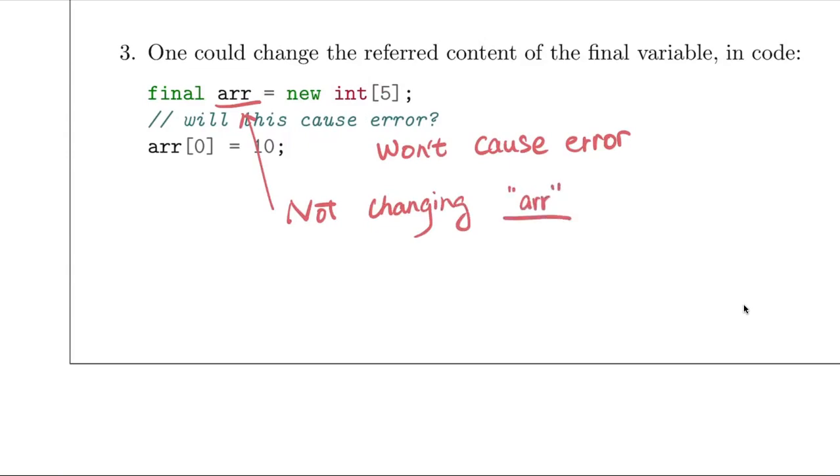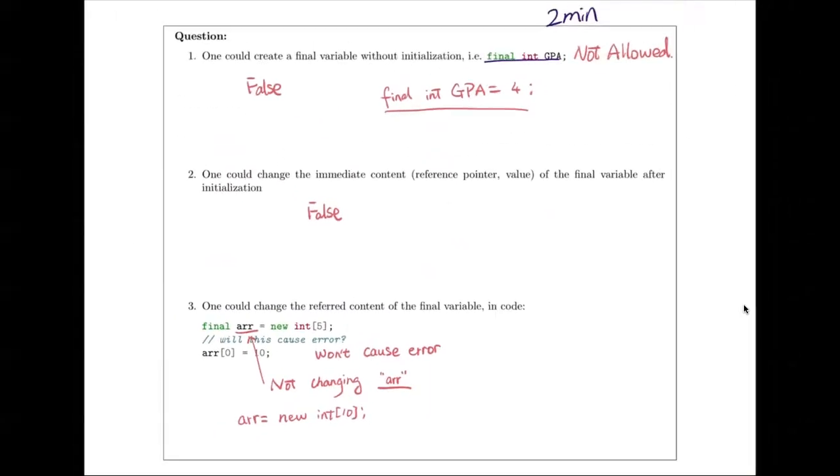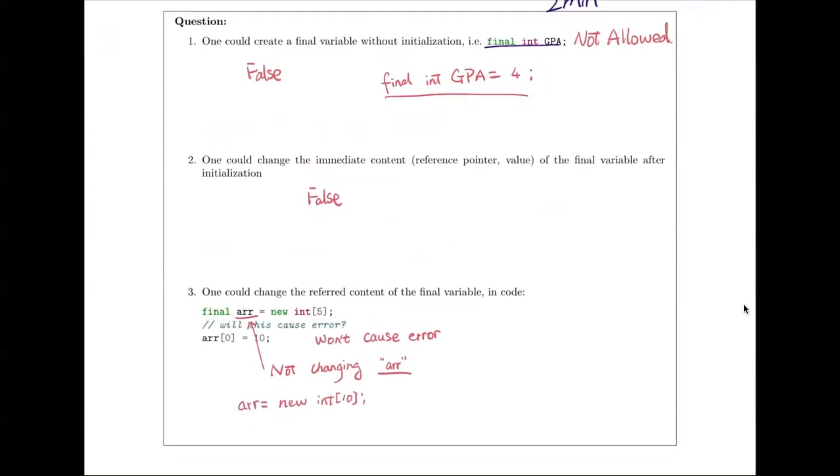I'm just changing the content of the ARR, which is allowed. But if I do ARR equals another new integer array with size 10, which we usually do when doubling the length, it is not allowed because ARR is a final variable and we cannot change the pointer to this integer array. Any questions on the true and false questions?